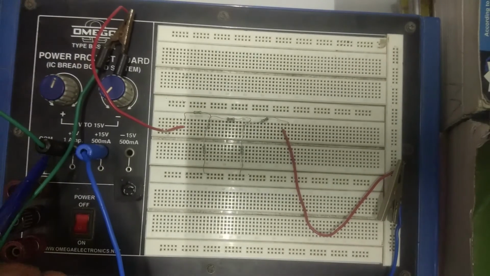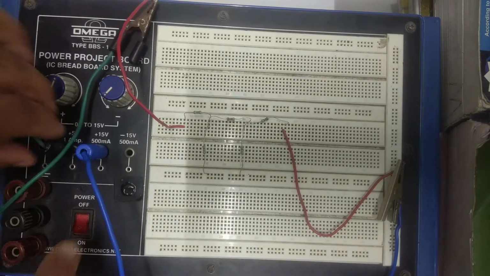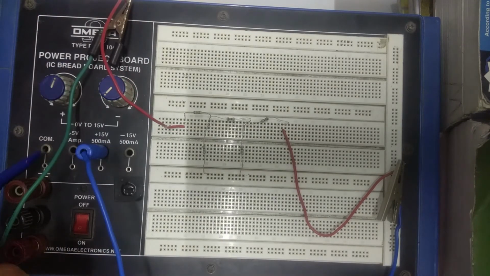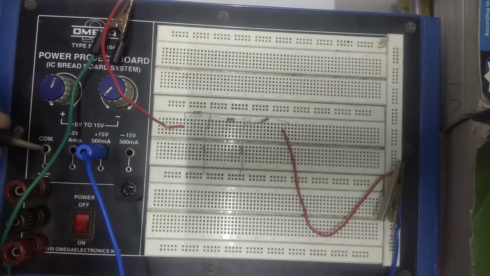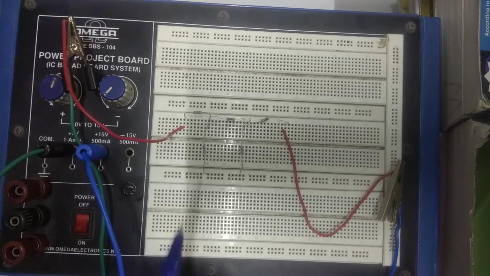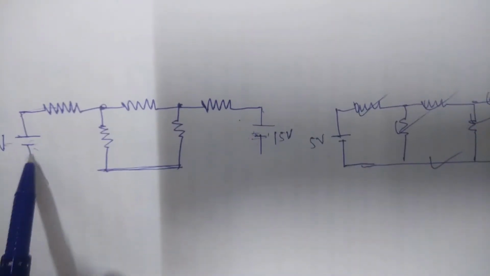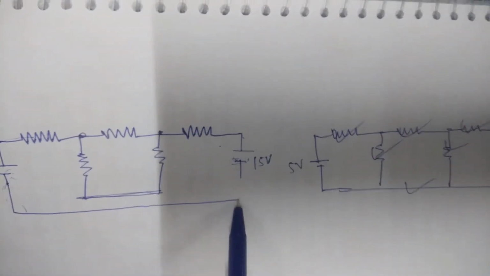So the common point is available over here, you can see. Even if I have not joined the circuit, this common is already joined.